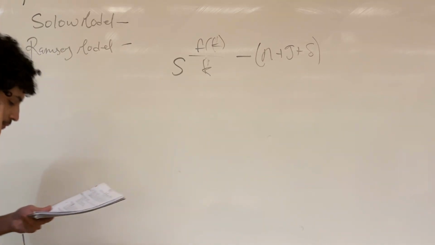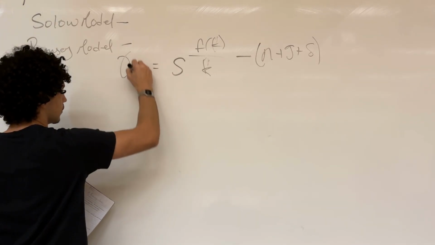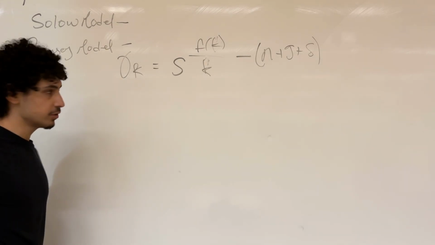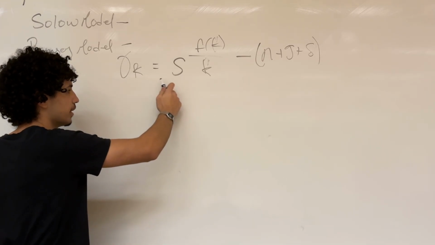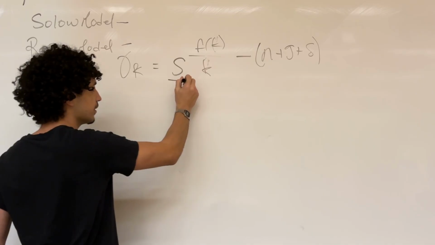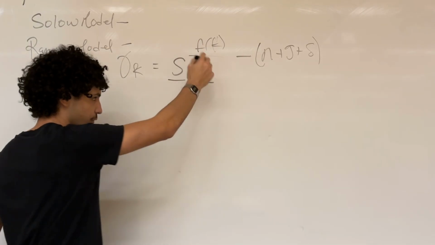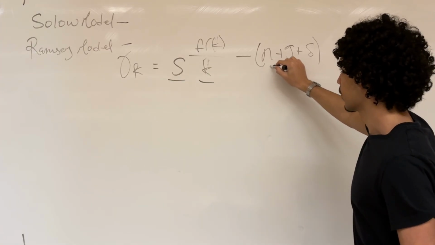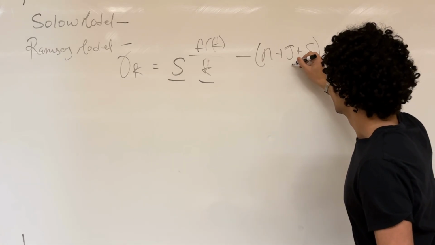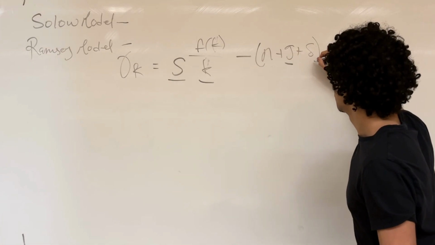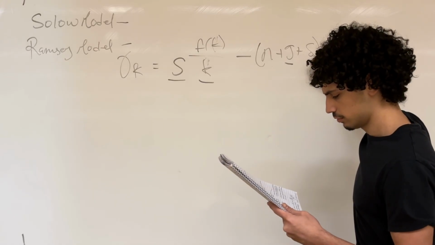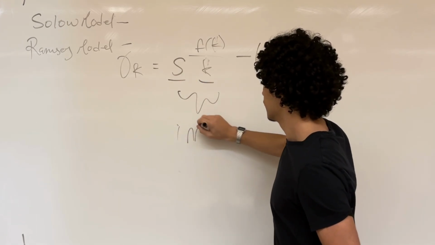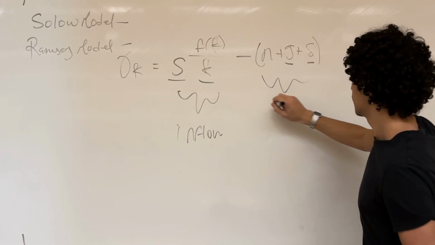The growth in K, the way capital is accumulated, is a function of the savings rate times the amount of capital we're accumulating, minus growth in population, technology, and the depreciation rate. So this is inflow and this is outflow.